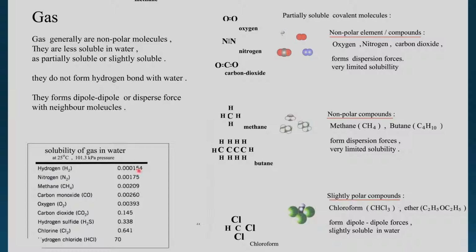You can say hydrogen is not soluble at all. How about oxygen? Not soluble. And as you go to the lower group, they will be a bit better, similar to this dipole substance, slightly polar substance.